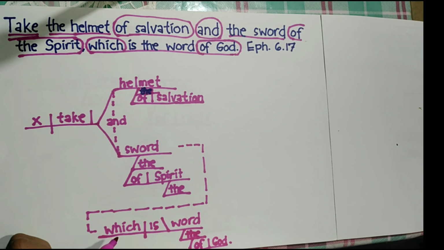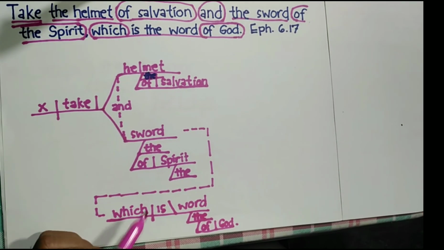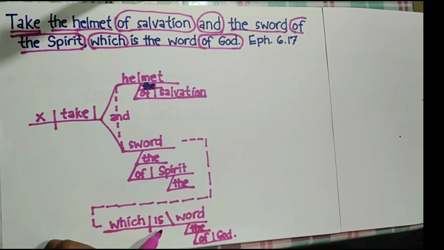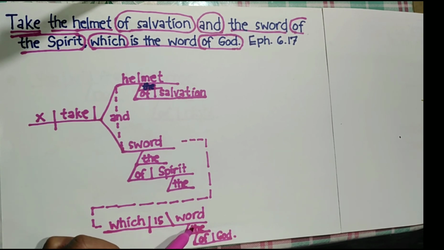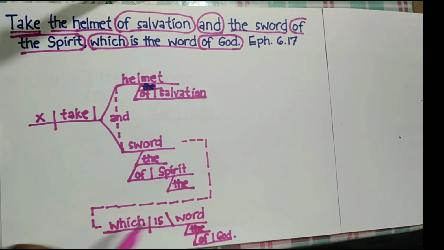Which is the subject, and this one is connected to the noun sword, and then this is a to be verb or linking verb, is. The word here is the which. This is word of God. Did you get it correctly? Look at your work. Let me see your raised hand if you got it correctly. Should you have questions, kindly ask. Thank you.